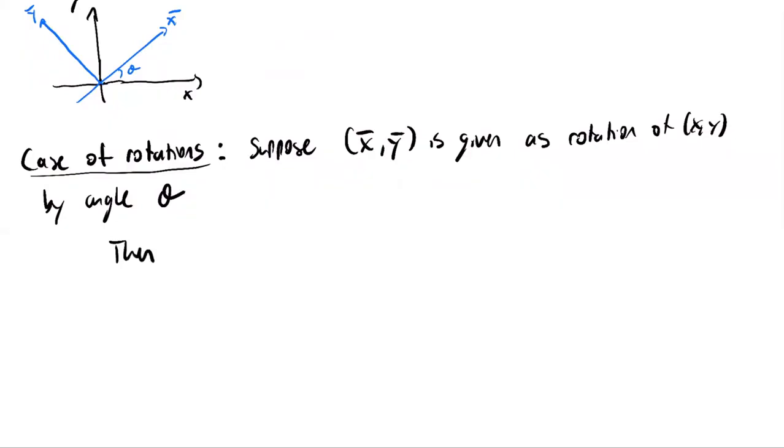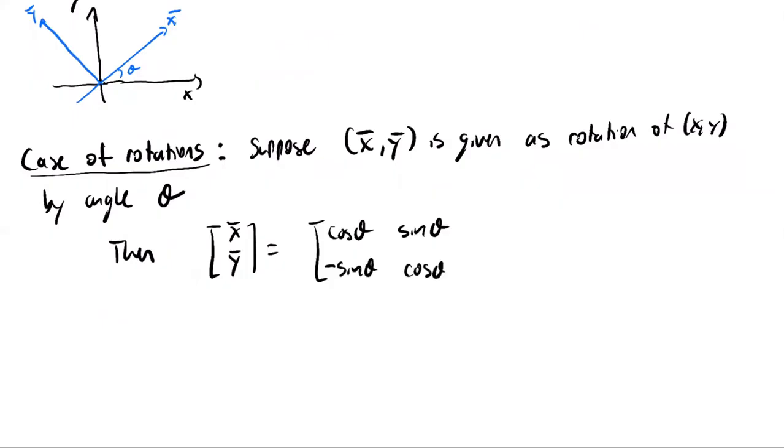So in particular, we have x bar, y bar is equal to the matrix cosine theta, sine theta, minus sine theta, cosine theta, applied to my original coordinates. Right, so this is a rotation matrix. And so this means that if I start with my original coordinates x comma y, I apply this rotation matrix, it gives me my new coordinates.